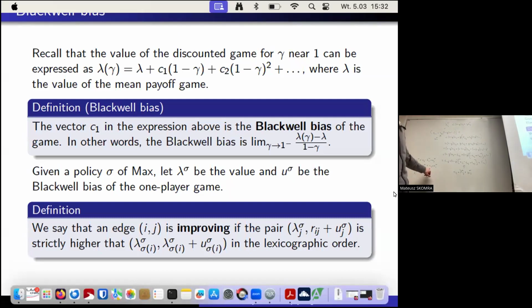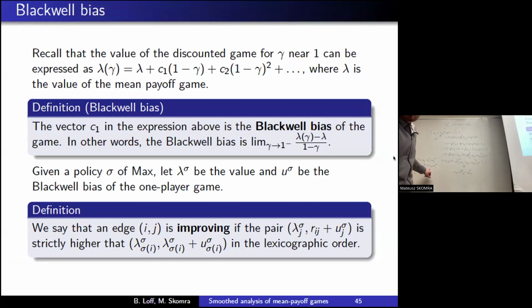So I have here Rij plus U sigma J, and it should be higher than this thing. But now this should be my preferred bias.